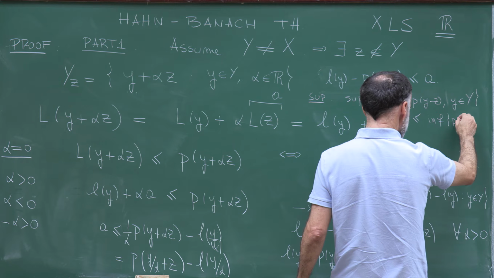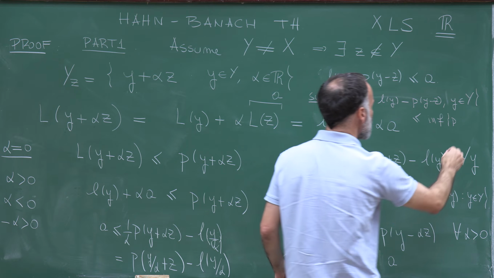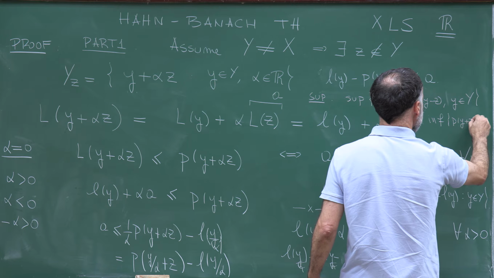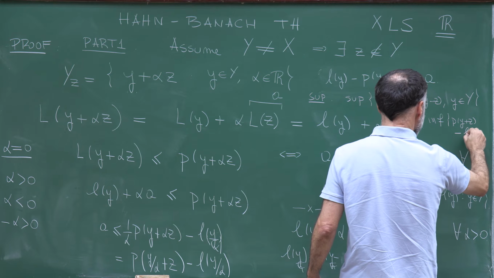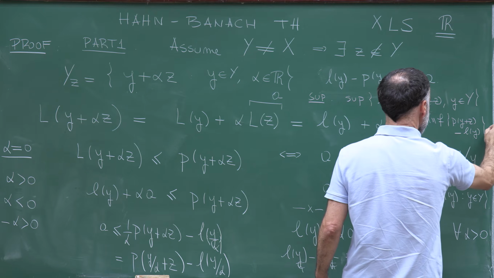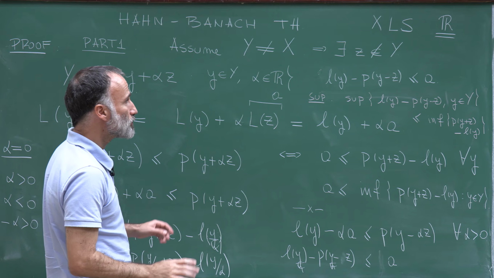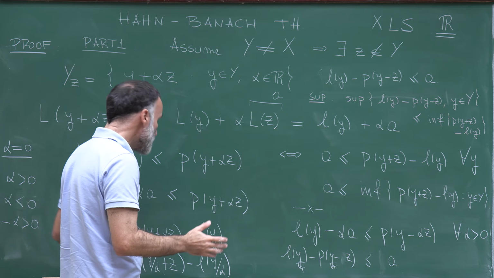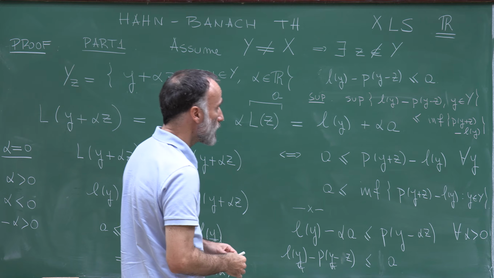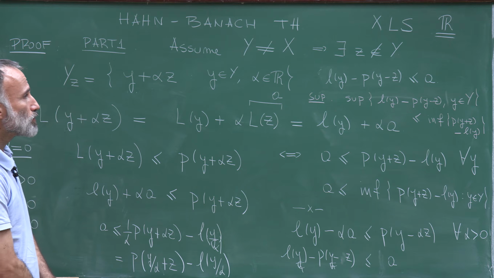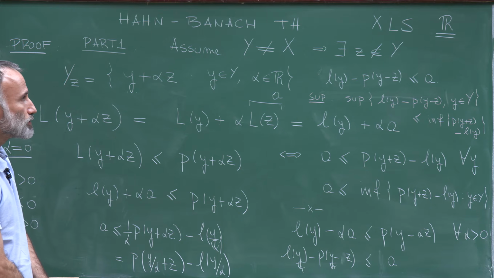So that's Py plus z minus Ly. Assume that this supremum is smaller than this infimum. I still need to check if this is the case, but assume for one moment that this is indeed true.